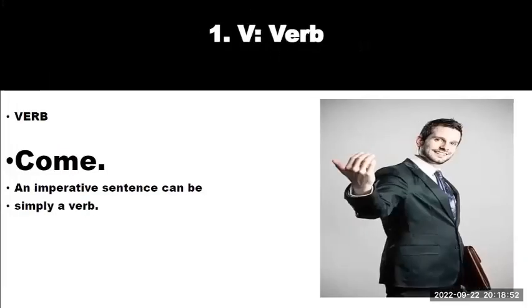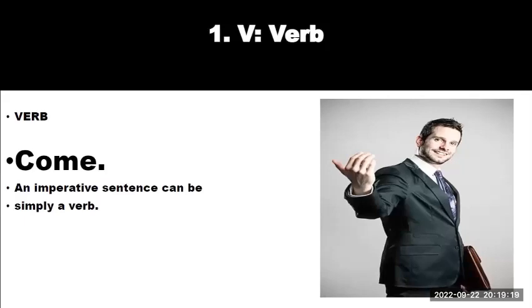The first one, we want to look at a verb. We represent this with V. This is when the structure of a sentence is made up of a single word, just one part, the verb. For example, come. This is an imperative sentence, and it can be simply a verb, come, or go, all right?